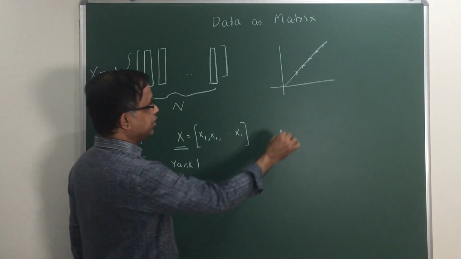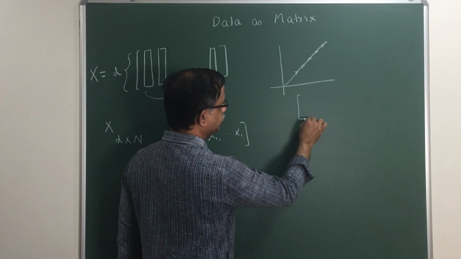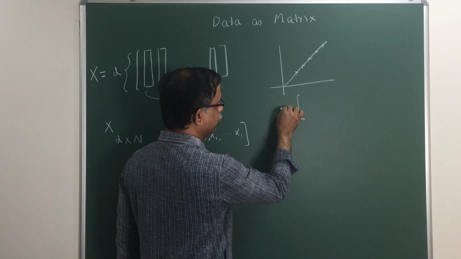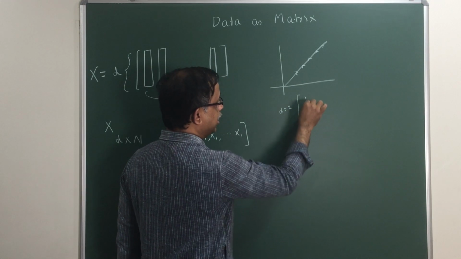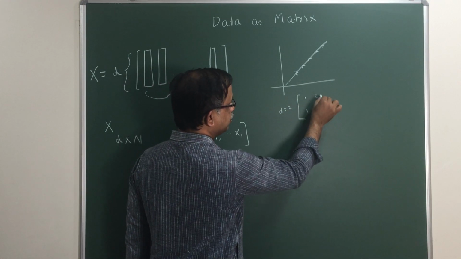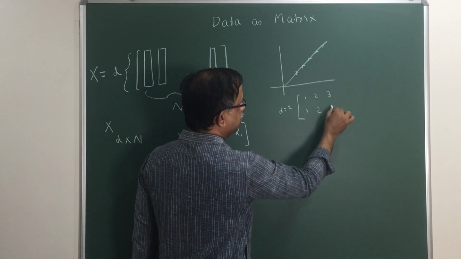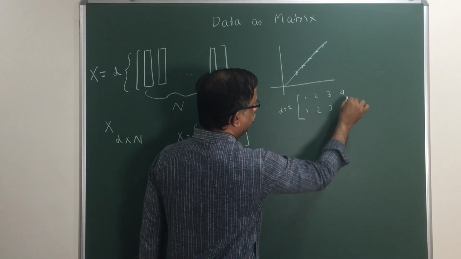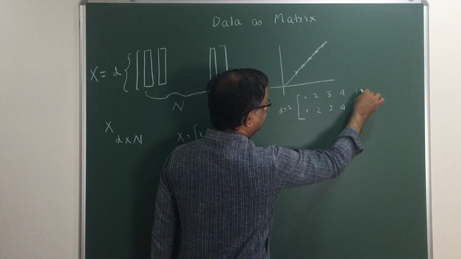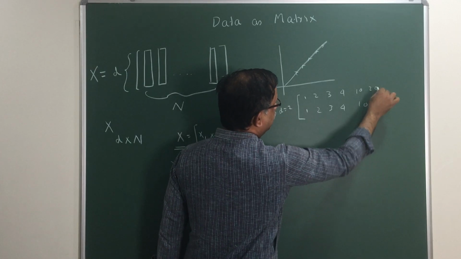So we look at a matrix now in 2 dimension, say D is equal to 2. The samples are (1, 1), (2, 2), (3, 3), (4, 4), (10, 10), (20, 20).